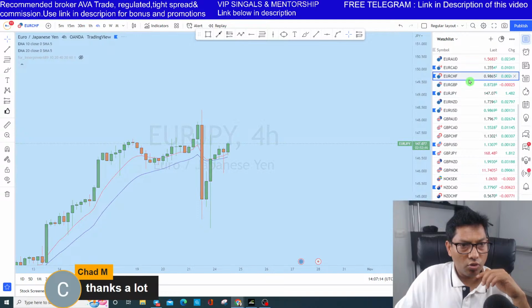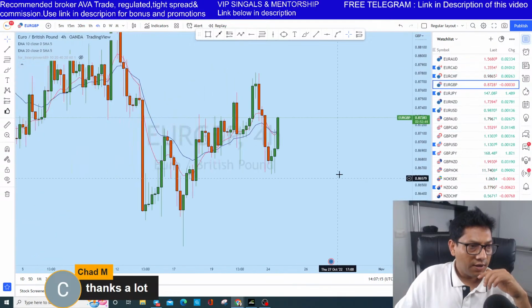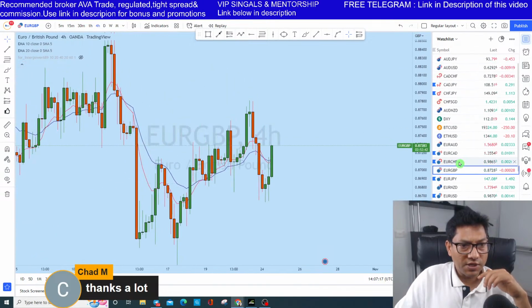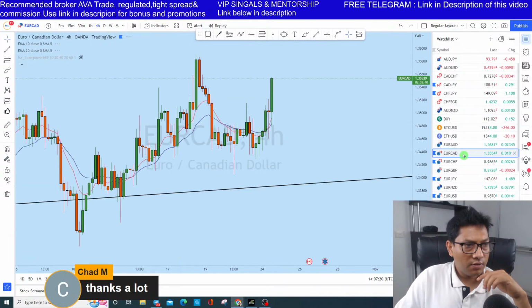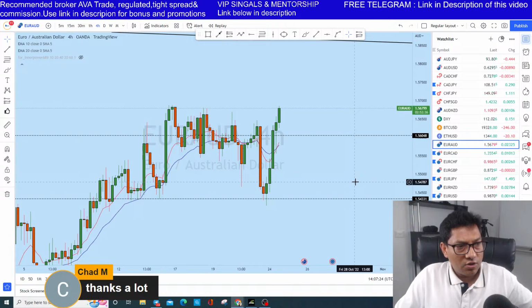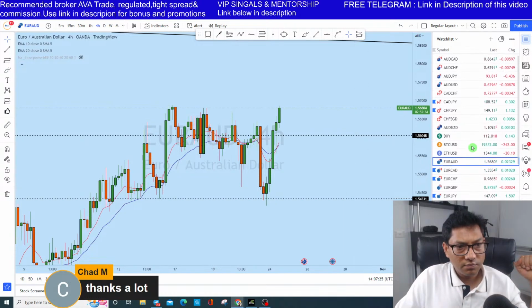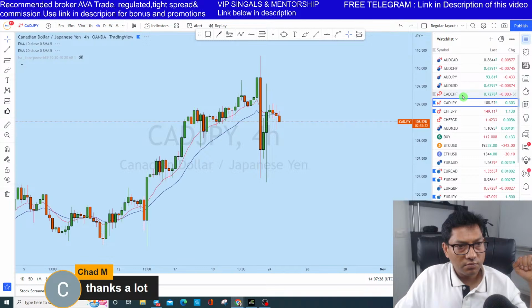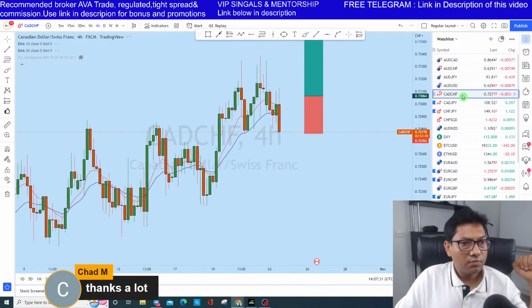Okay, we see euro in fact creating a very big move to the upside. Euro getting stronger against all the pairs. So Euro AUD in fact starts to push up. CHF has gone in the other direction.